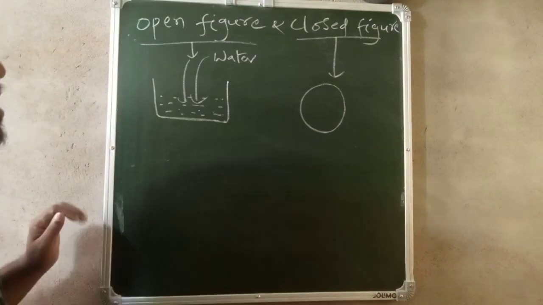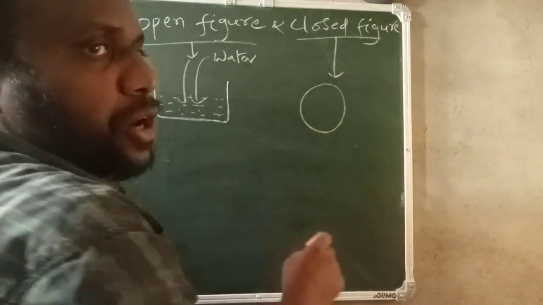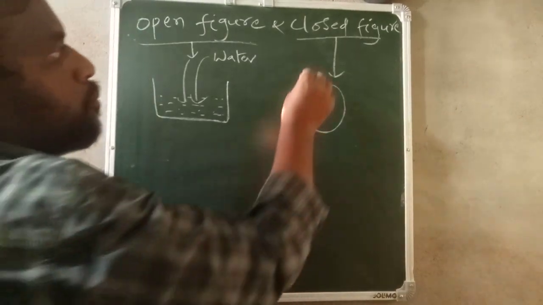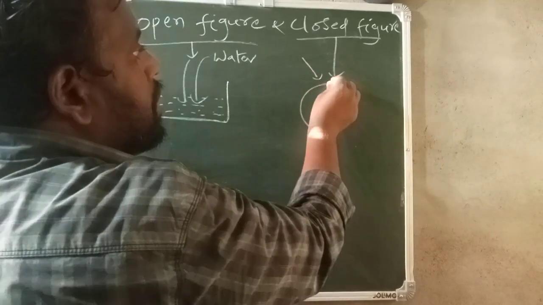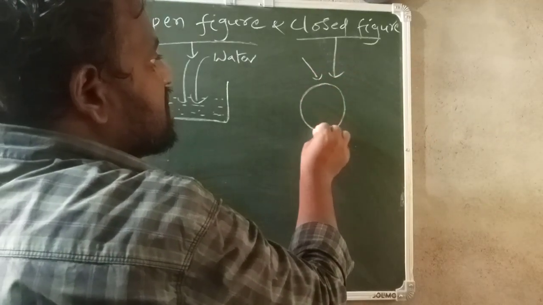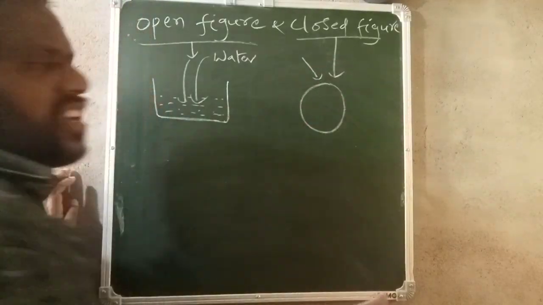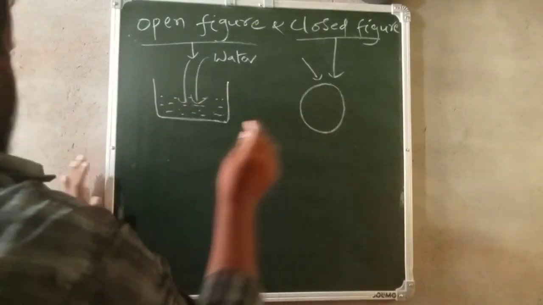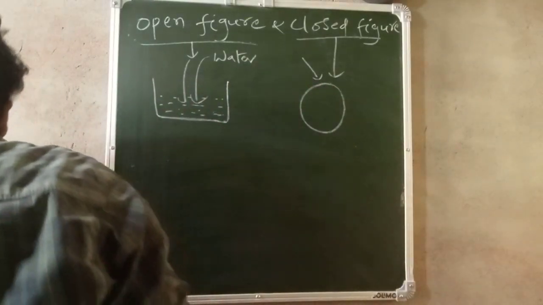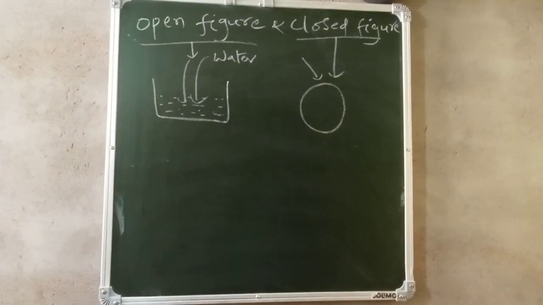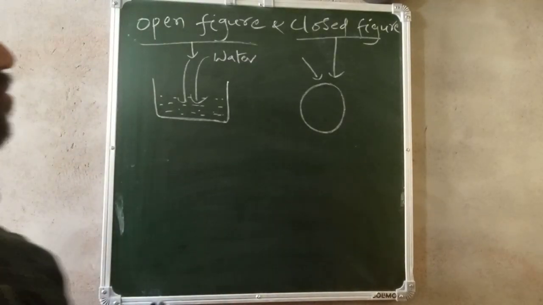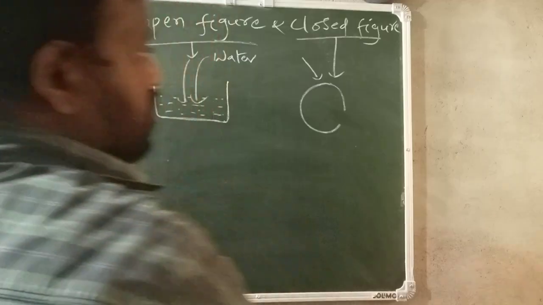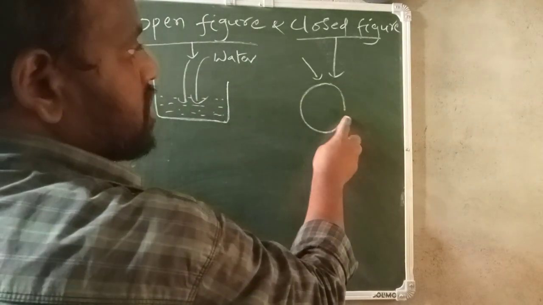But this is an example for a closed figure. We cannot pour water here. It is completely closed. There are no openings. If I remove something here, there is an opening.